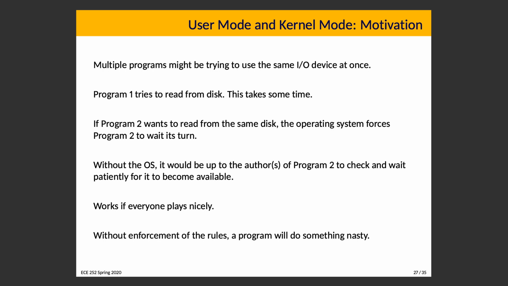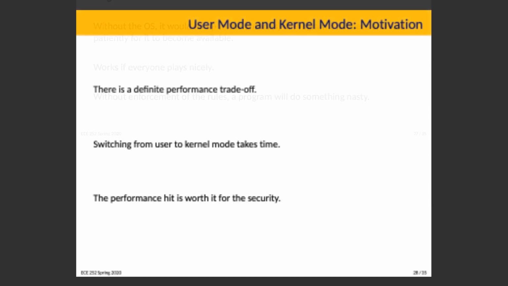Without enforcement of rules, somebody will do something nasty. Program 2 could cancel outstanding requests from other programs to jump to the front of the line if there was no enforcement of rules, so we definitely don't want that. That kind of bad behavior is possible and should be avoided.